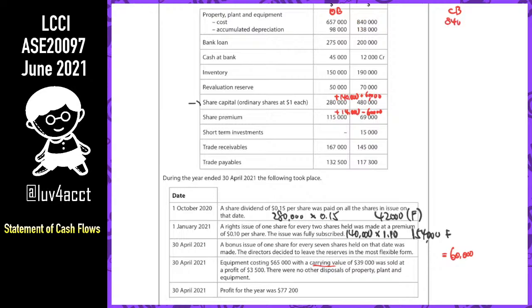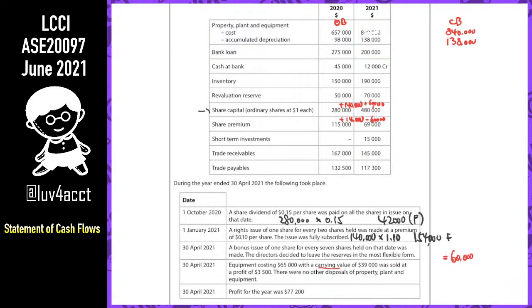840,000, and then 138,000 for accumulated depreciation. Let me cover it in white so that we can have more space on this.